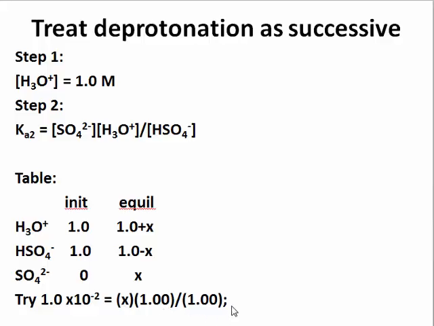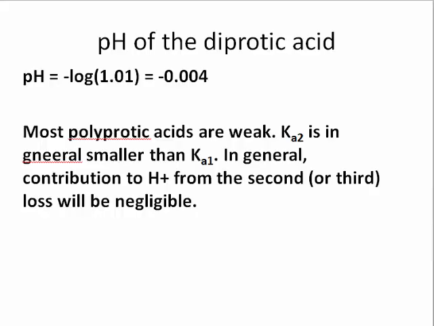This gives 1 times 10 to the negative 2 is x over 1 to 1, essentially, so the contribution to the hydronium ion concentration will only be 0.01. So the pH then is negative log of 1.01, or negative 0.004 in this case.